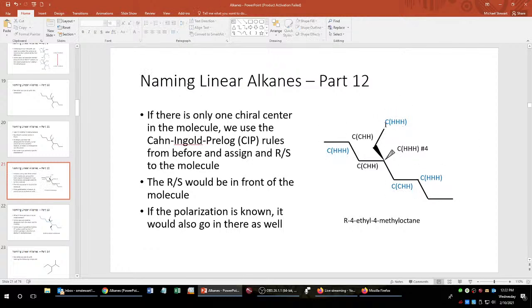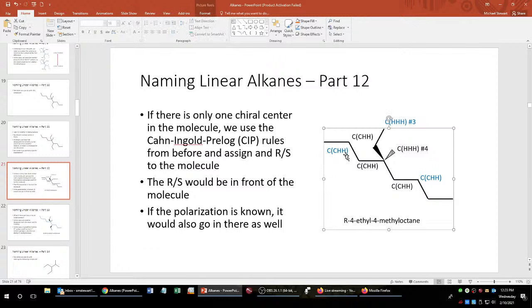We look further out, the methyl group has 3 hydrogens. This carbon here is attached to a carbon and 2 hydrogens. This carbon here is attached to a carbon and 2 hydrogens. So when we back this one out, we see that the first point of difference is this one. Since there's a hydrogen that's lower, this makes this one number 3.